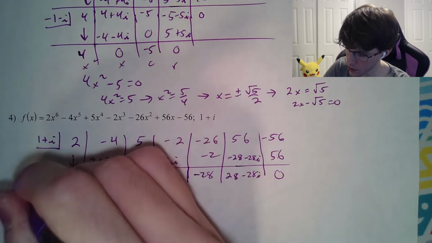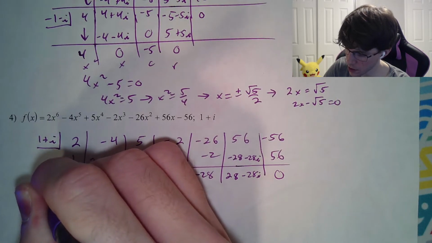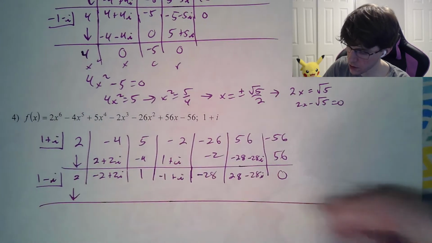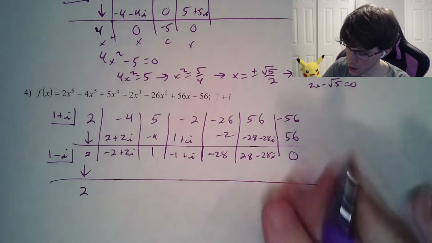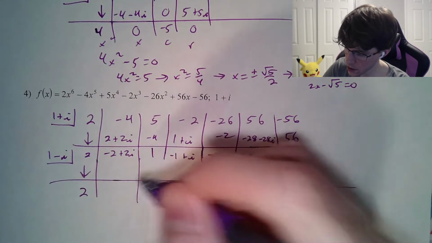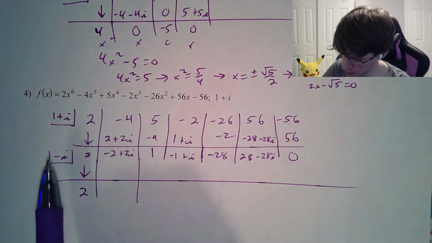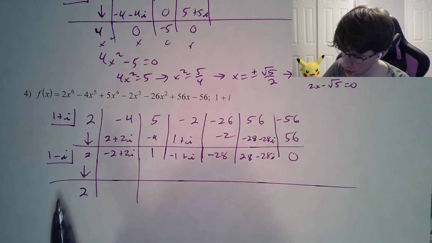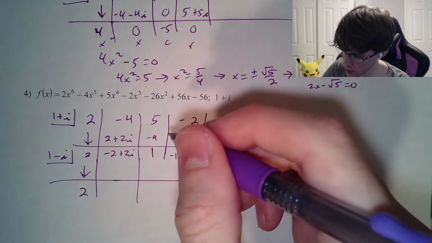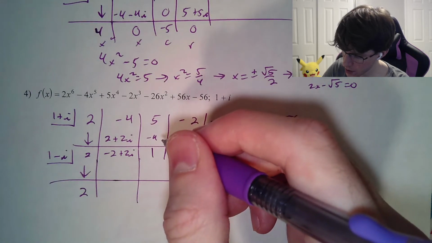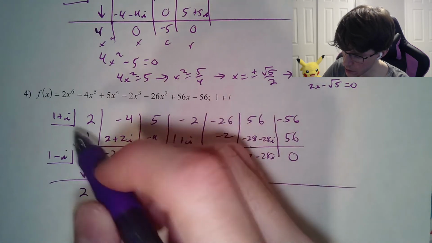And now we need to do the other one, the negative conjugate. The 2 comes down, and here we go. So let's see, 2 comes down, and we end up with, oh man, I can't even speak right now.